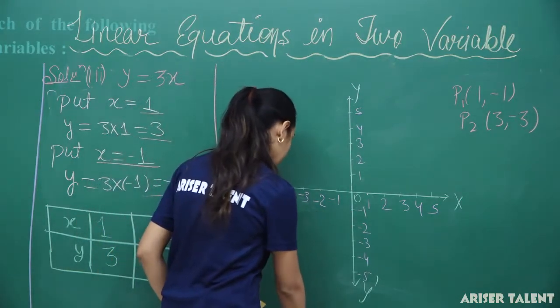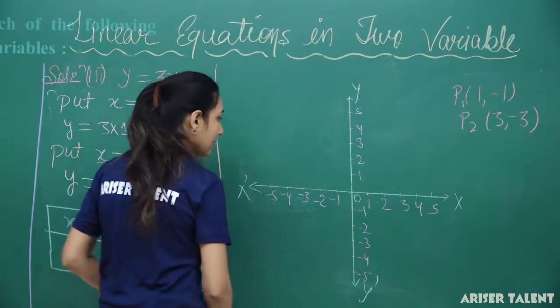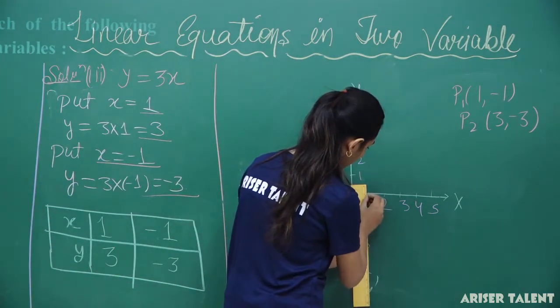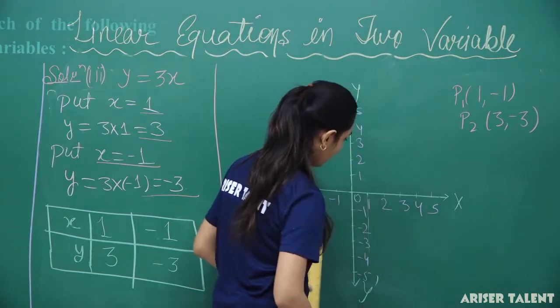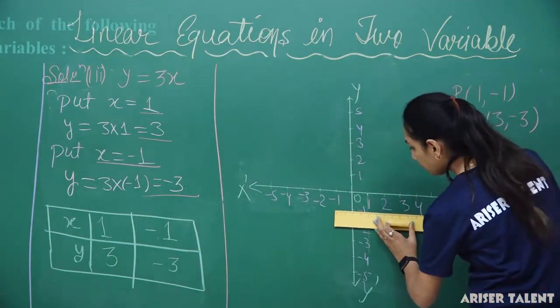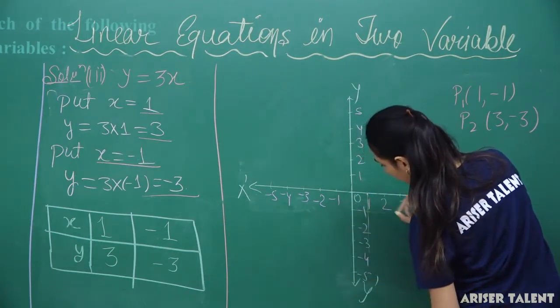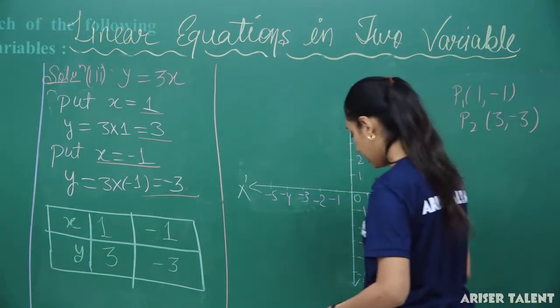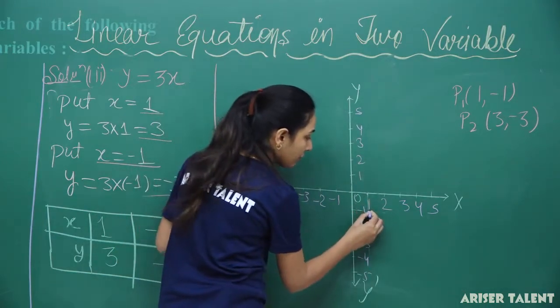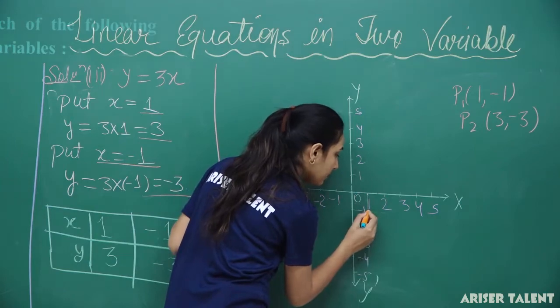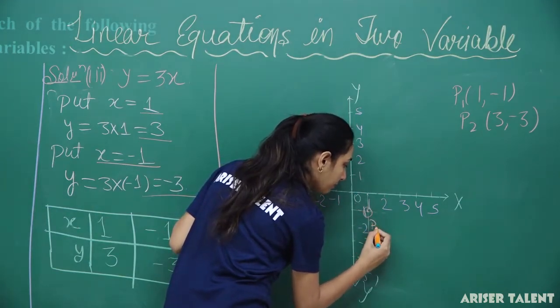So basically I am getting these lines, 1 this and minus 1 is that side. So this is the point somewhere, right? This will be the point 1, minus 1, which is P1.